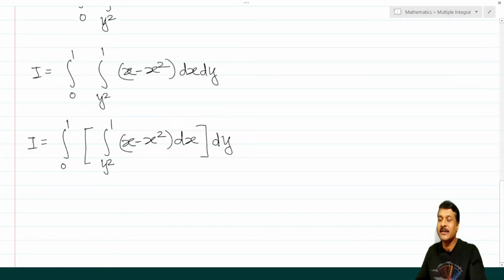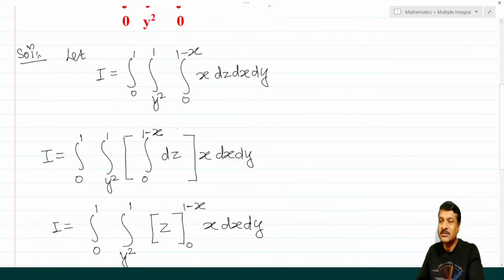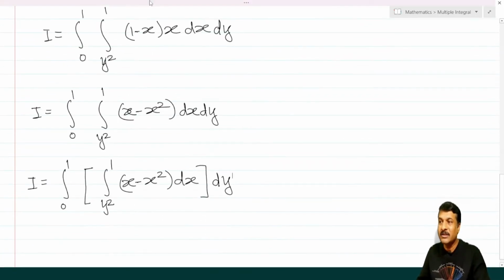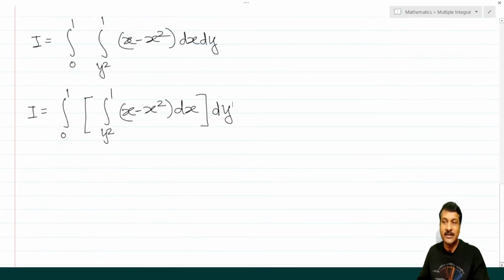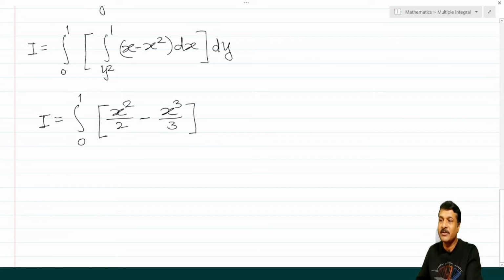So just like a single integral, note that from the start I am solving here as a single integral. First only with respect to z, whatever the answer evaluates to, and then the double integration. Now I am solving again just like a single integral with respect to x. So I equal to integration 0 to 1, and here the integration of x is x square by 2, minus the integration of x square, which is x cube by 3, lower limit y square, upper limit 1, dy as it is.